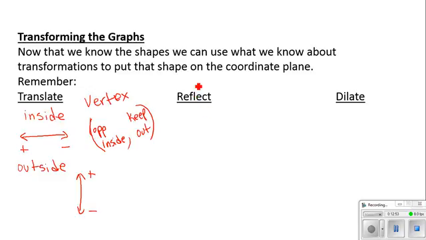So things that we want to remember about transformations for reflection: if I'm flipping it over the x-axis, then I'm going to put the negative outside the function. But if I want to flip it over the y-axis, if I want to flip it left and right, I'm going to do the negative inside.